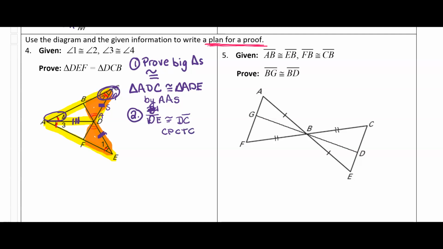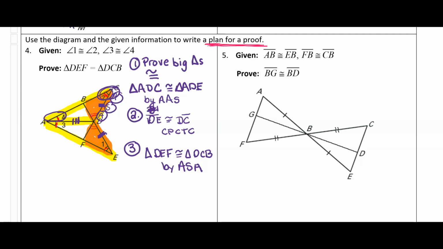Well, now that we know those are congruent, we now know by angle, side, angle, the small ones are congruent. So triangle DEF is congruent to triangle DCB by angle, side, angle. So question 4 is an example of when you have a lot going on in a diagram and you have to come up with a plan to prove it.